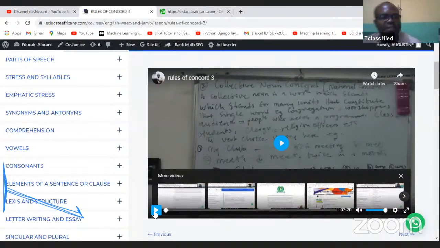This is one of the questions that I gave in the first slide when I was trying to introduce Concord. If that collective noun is performing an action, it's always good you use the plural form of the verb. But if it's not about them doing something actively, then you can use the singular form of the verb. Okay, so let's listen to it.